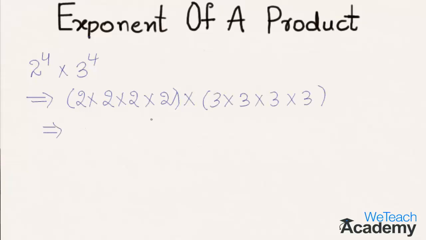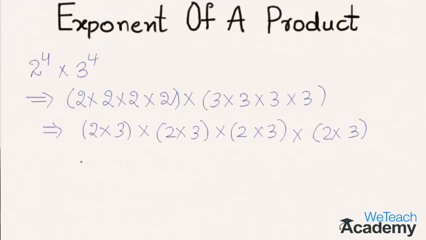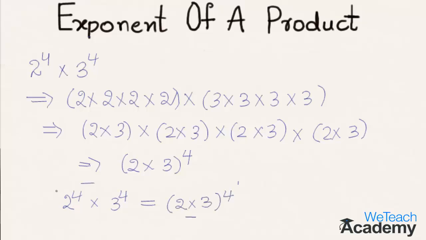And this can be written as 2 into 3 multiplies itself for 4 times. So hence we can write this as 2 into 3 raised to the power 4. So we can say that 2 raised to the power 4 into 3 raised to the power 4 is equal to 2 into 3 raised to the power 4.